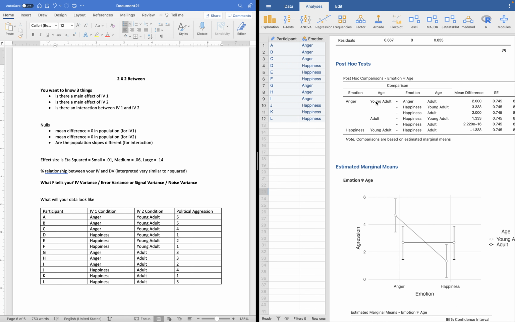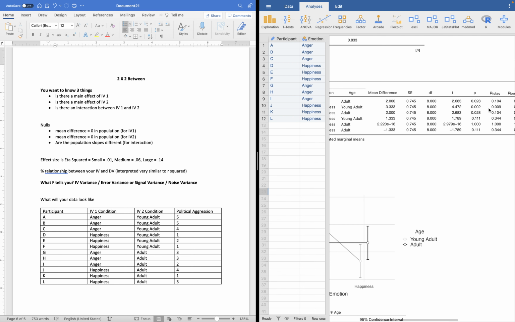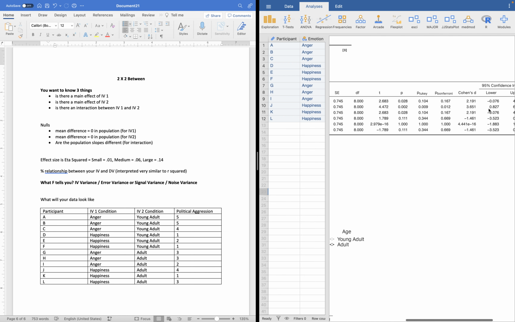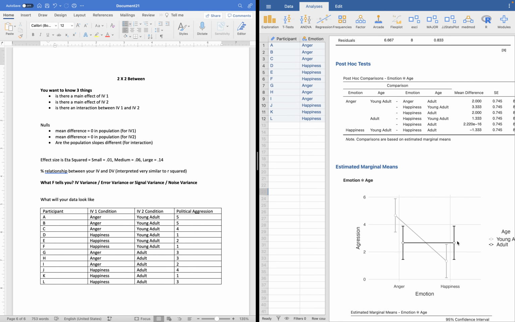So young people anger, okay, got that. Young people happiness, that result is significant and it is a large effect, okay? That's this one. This one right here, old people anger, old people happy.